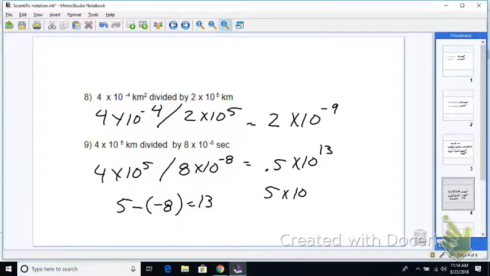If I move it right, the exponent's going to be a negative 1. So I add a negative 1 to that. So the answer is what? 12. If you did 14, no, that would be if it was 50 times 10 to the 13. Then it would be 14.